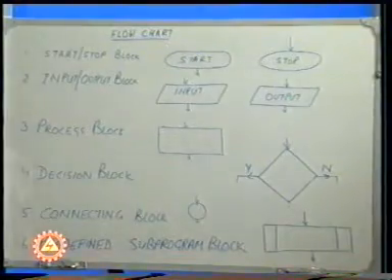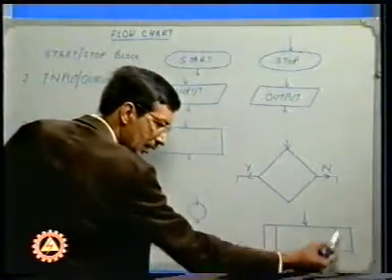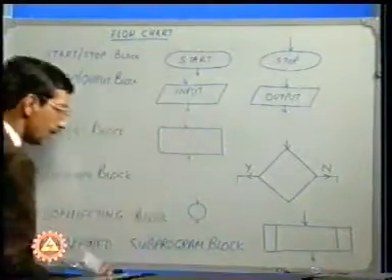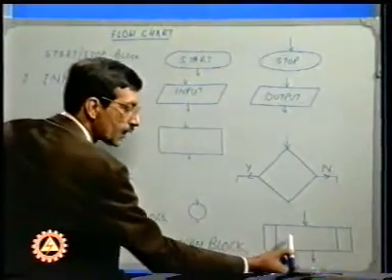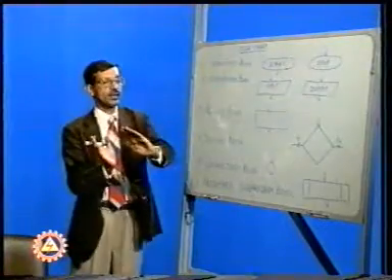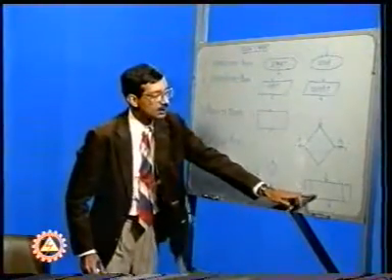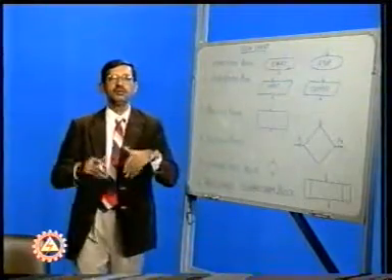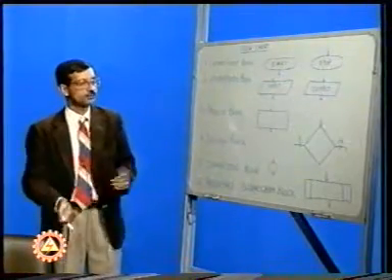This is a rectangular block with 2 parallel lines drawn here. We write the name of the predefined subprogram within this area to indicate that the whole subprogram needs to be implemented or executed at the time of the actual problem solving.